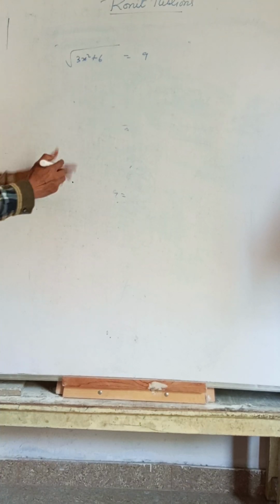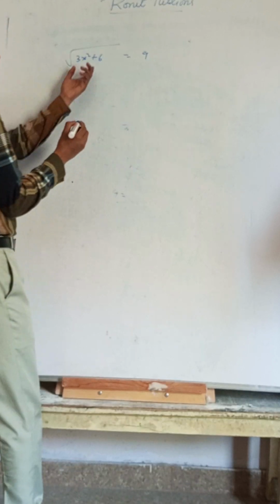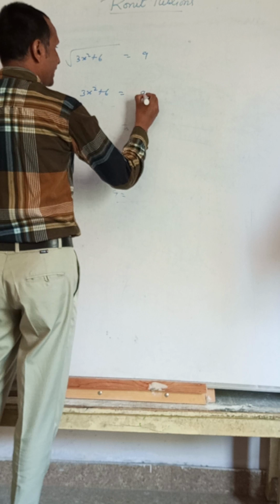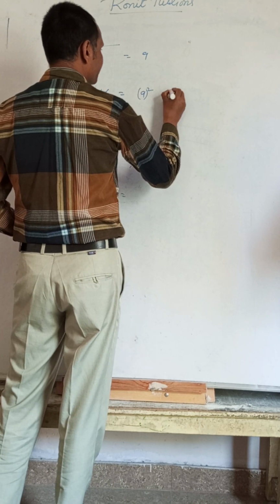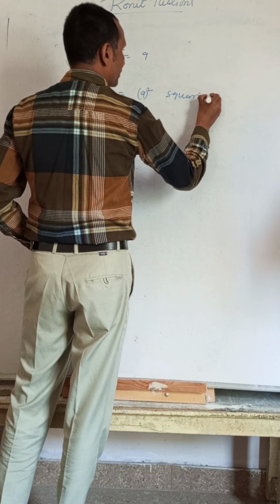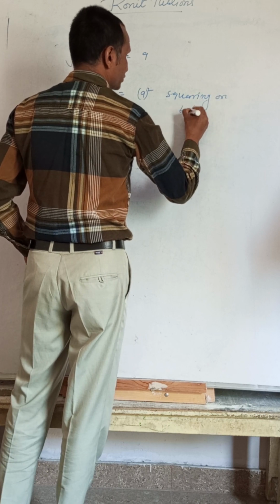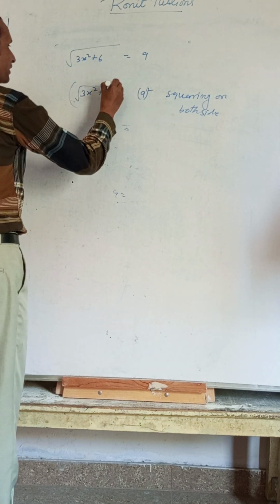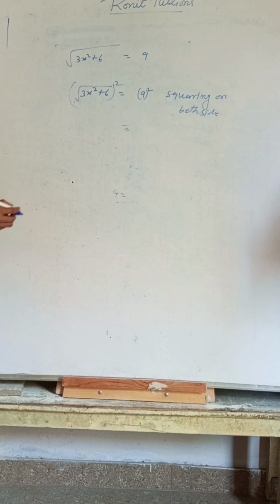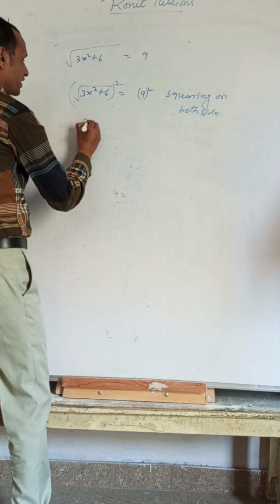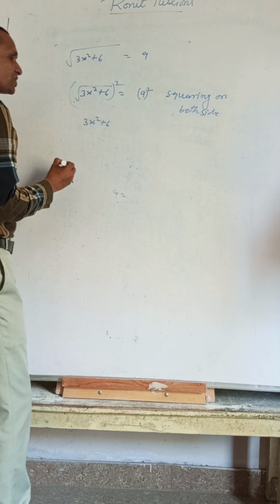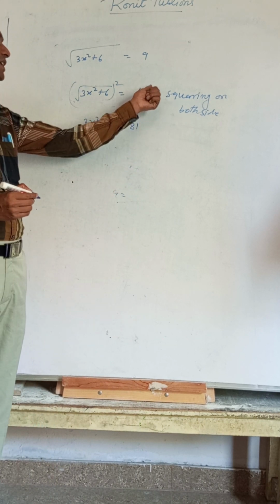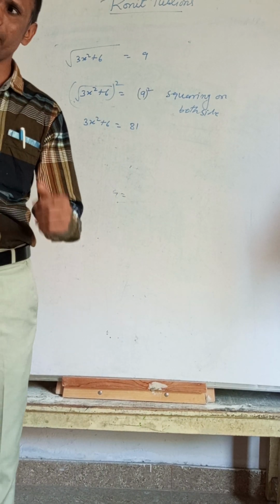So we square on both sides. By squaring on both sides, 3x square plus 6 stays the same, and it is equal to 9 square. Since this side has the root, we can square it, and it stays as it is: 3x square plus 6 is equal to 81, because 9 into 9 is 81.